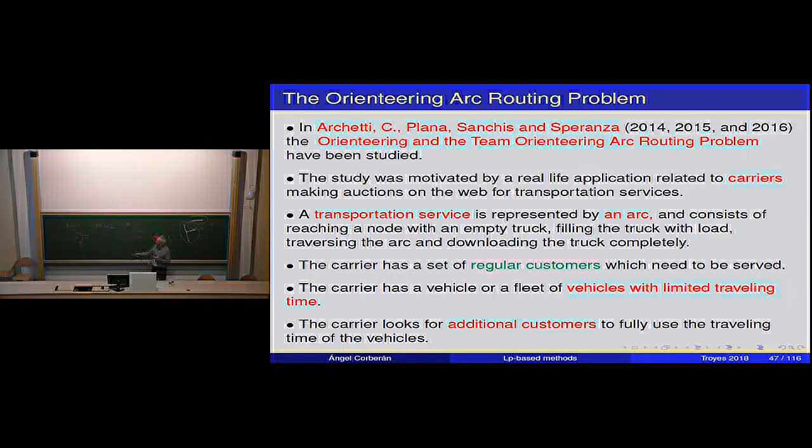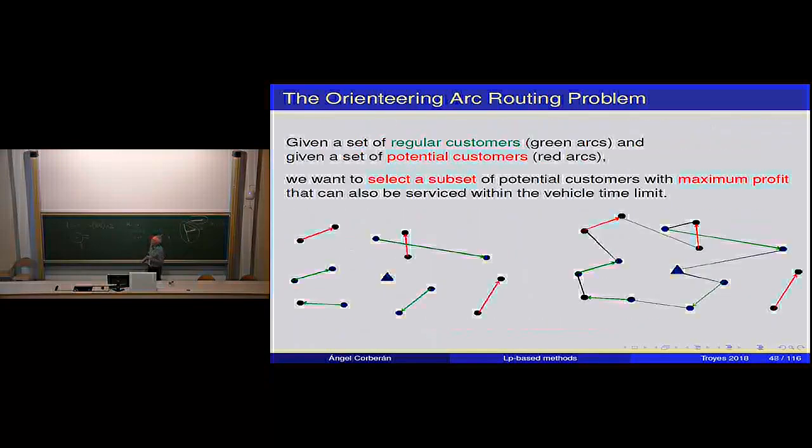This is a particularity of the problem we study. The carrier has a set of regular customers that it has to service, and looks for additional customers to fully use the traveling time of the vehicles. So, more or less, imagine that you have these transportations.